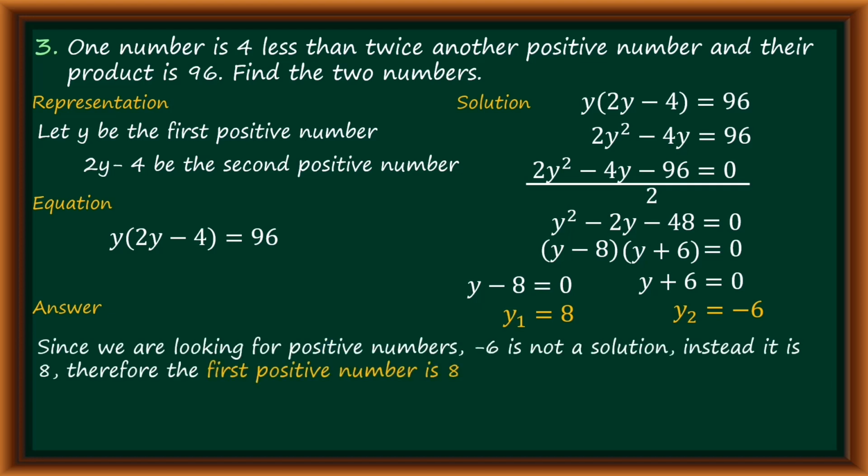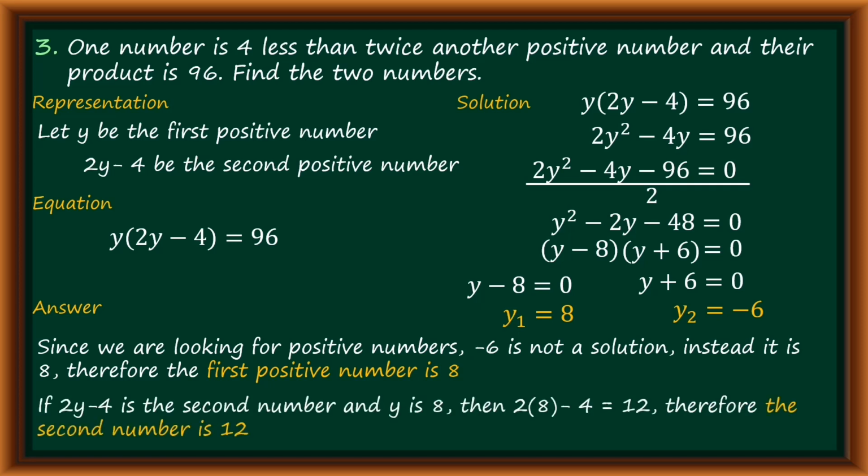Since we're looking for positive numbers, negative 6 is not a solution. Instead, it is 8. Therefore, the first positive number is 8. If 2y minus 4 is the second number and y is equal to 8, then 2 times 8, which is equal to 16, minus 4 is equal to 12. Therefore, the second number is 12.